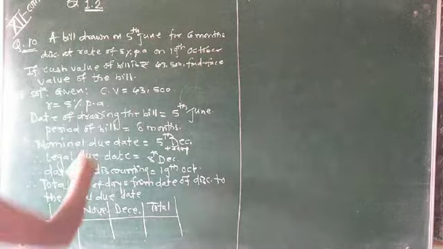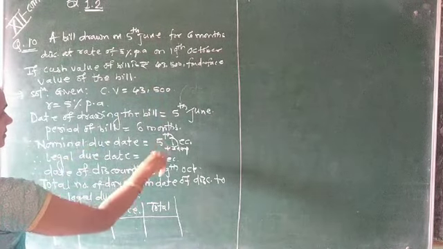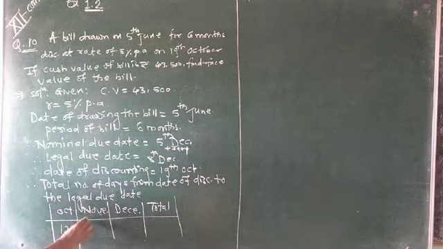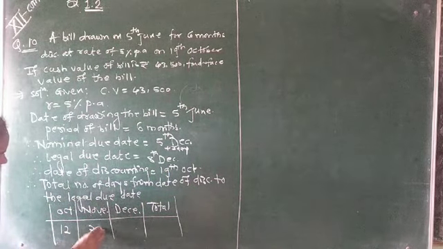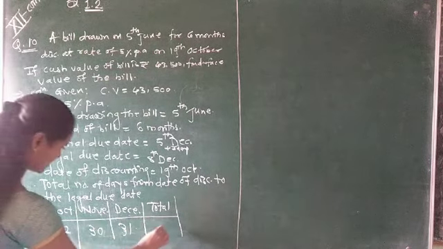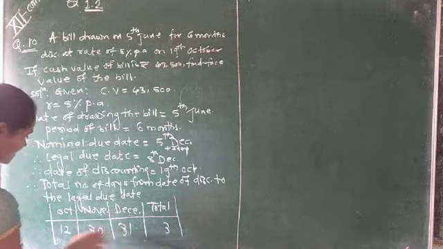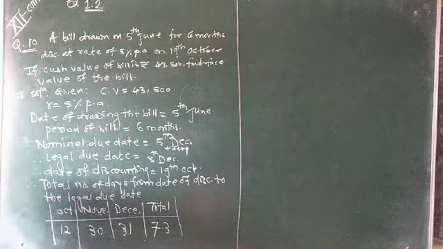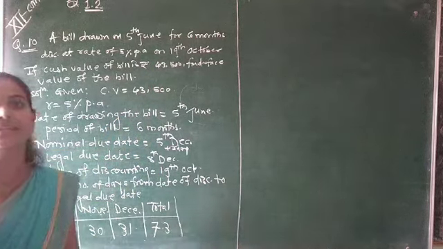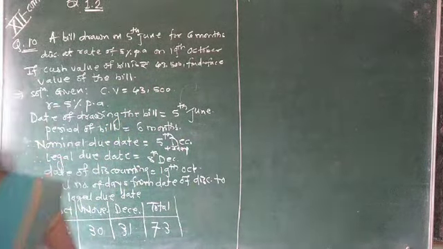The bill is paid on 19th October, hence the remaining days are 12, and November is again 30, December 31. See, total days are 73, that means the bill is paid 73 days before the nominal due date.